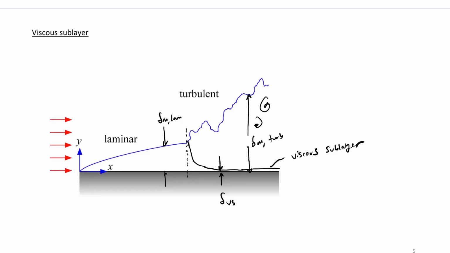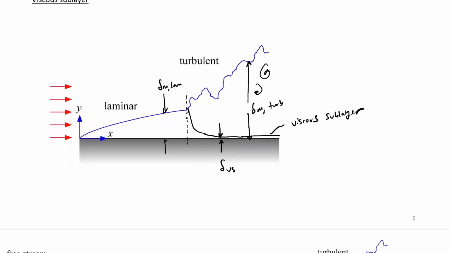The viscous sublayer is just the little bit in there. Yeah, so in terms of the size of this thing, it is very small. It's very small compared to not only the turbulent boundary layer, but it's also small compared to the laminar boundary layer. So just keep in mind that if you order these things, the viscous sublayer is the smallest. That's going to be much smaller than the laminar, which is also much smaller than the turbulent.